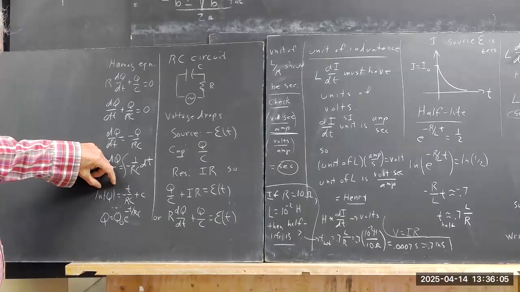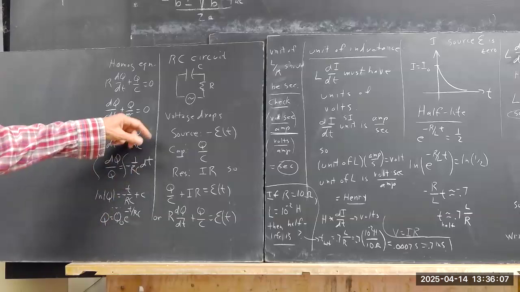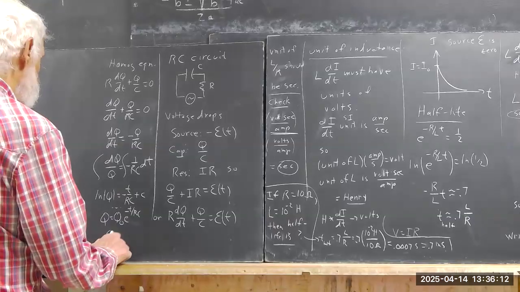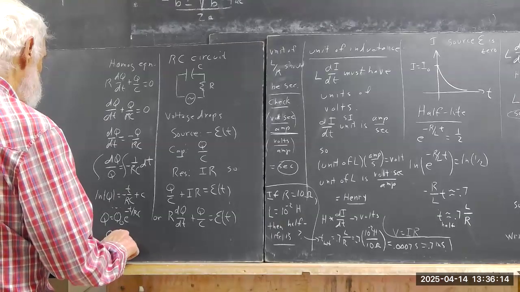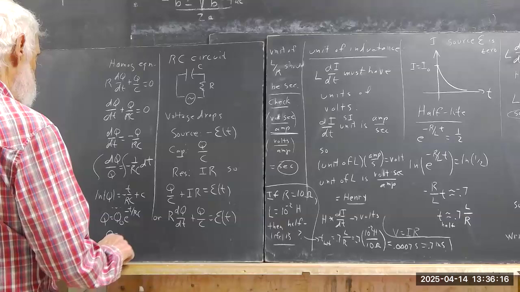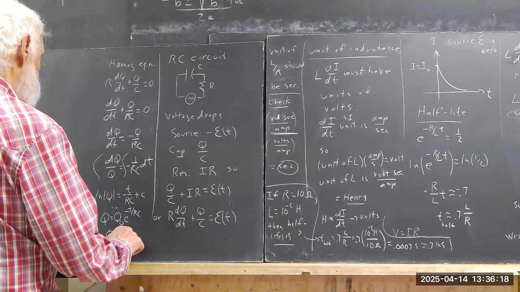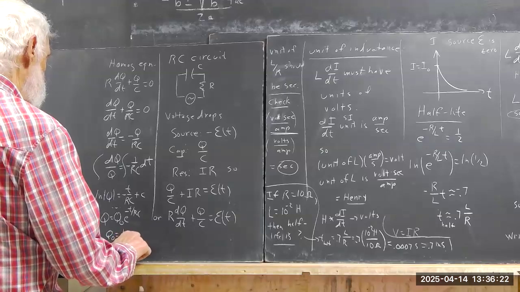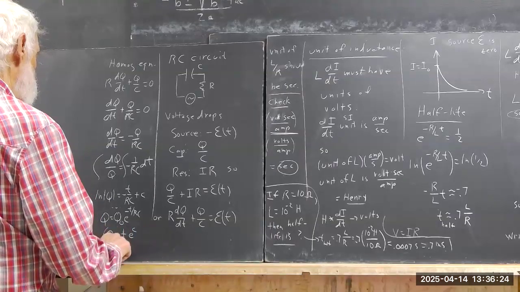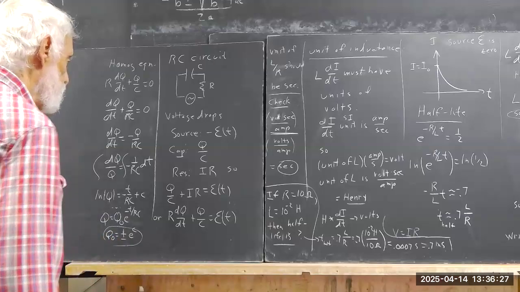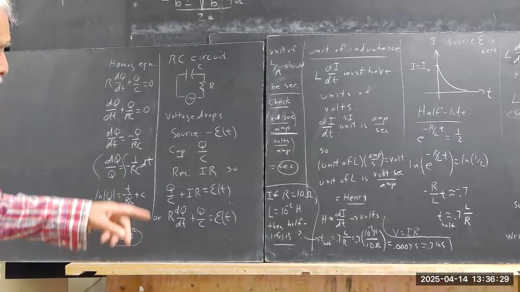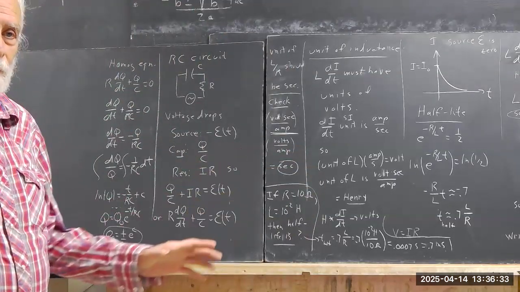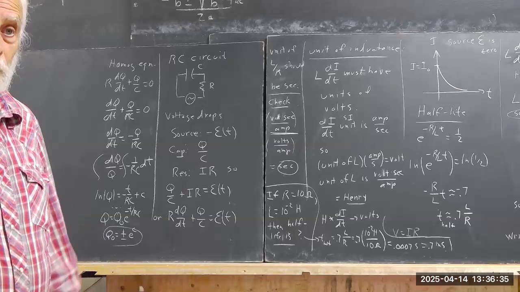Since you have the absolute value of q, it's going to be plus or minus e to the c, and q naught then. And you recognize that this equation is identical to that equation, except for the constants and the names of the terms.